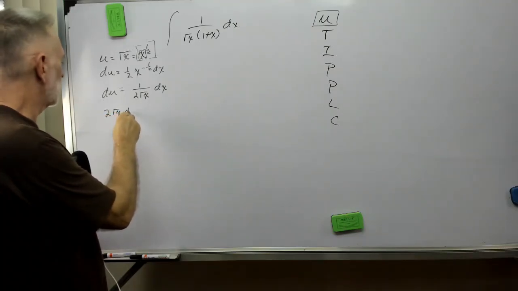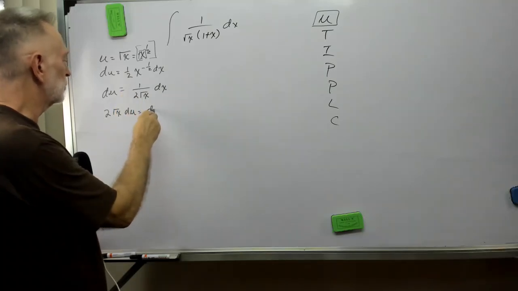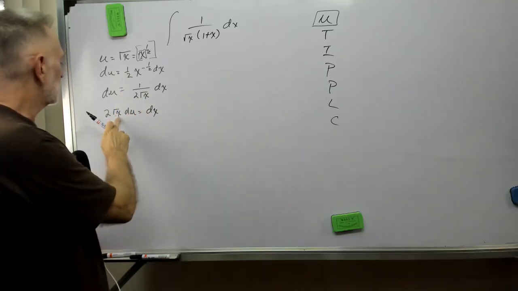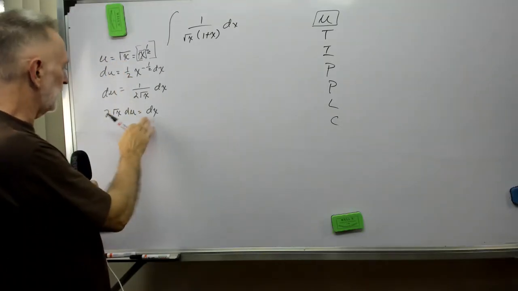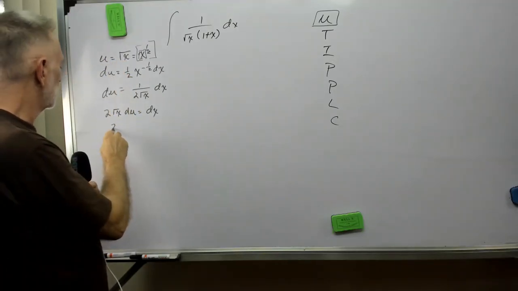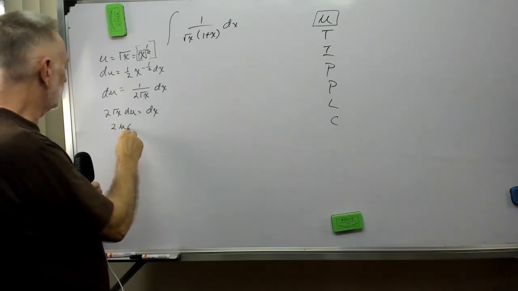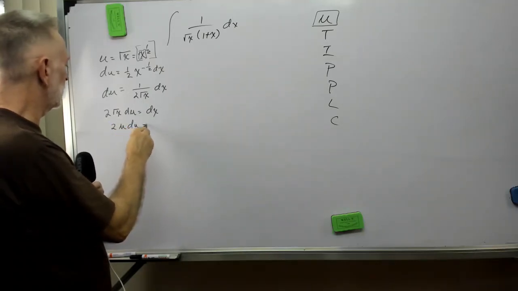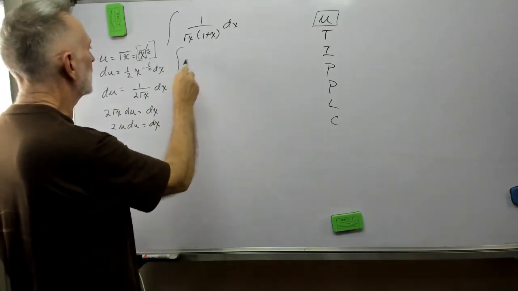So 2 square root x du equals, and that would cancel here, equals dx. Well, square root of x is u, because I'm headed to the u world here. So I've got to replace that square root x with u. 2u du equals dx.